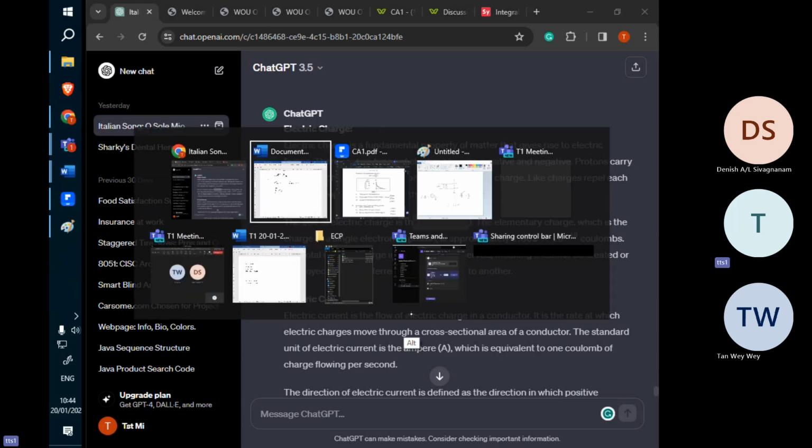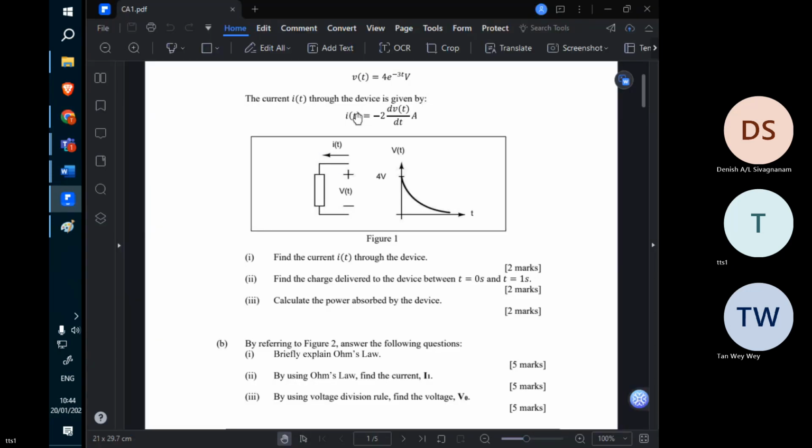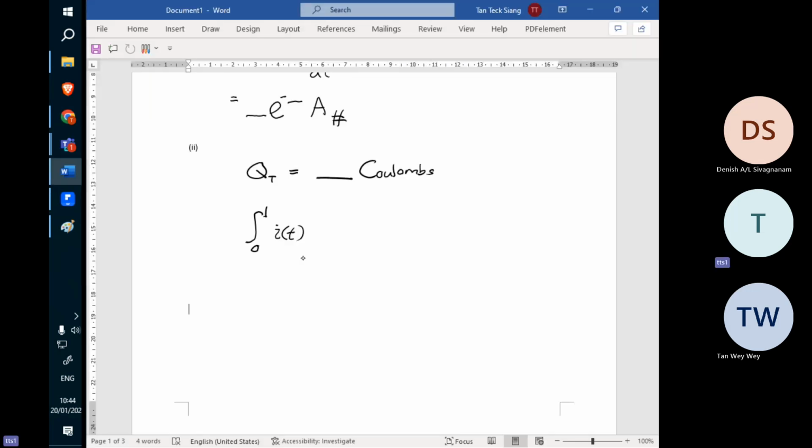You put the current here from 0 to 1 and do the integration. This should give us the answer in coulomb, not ampere.